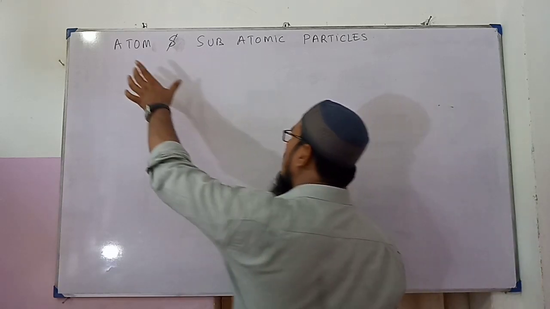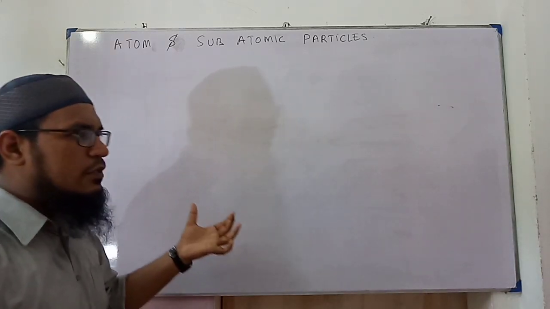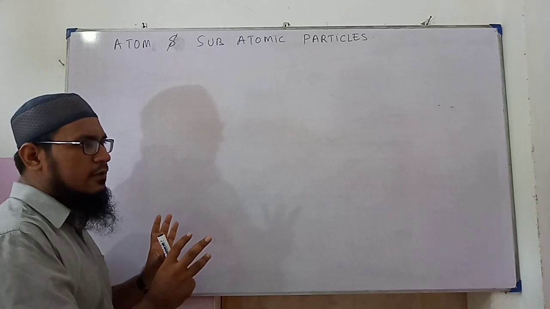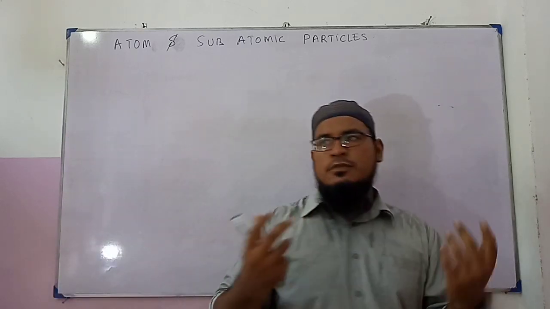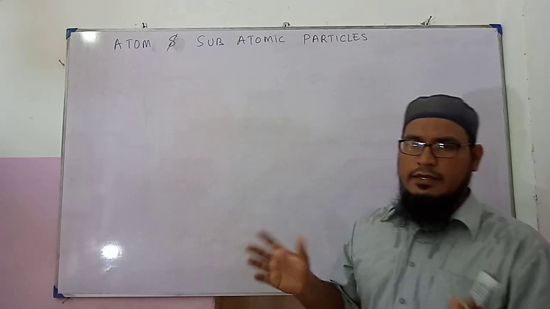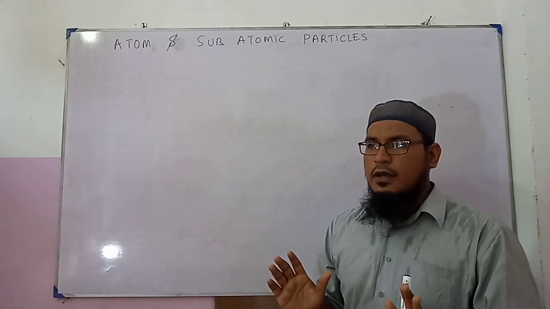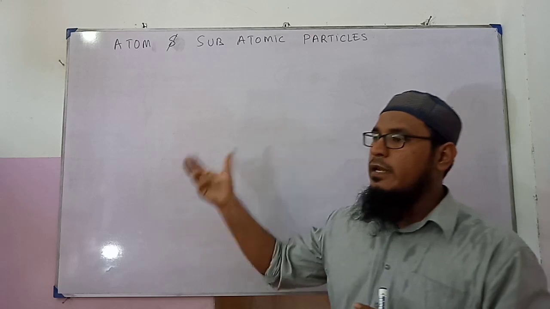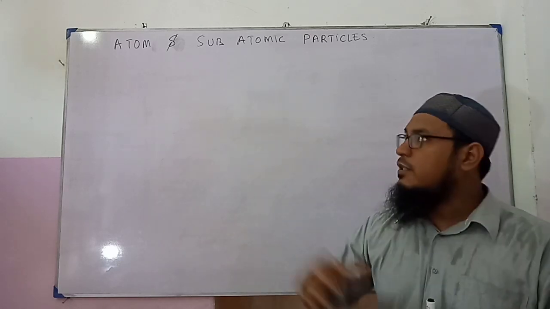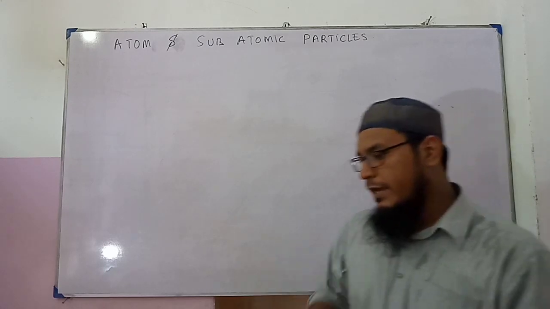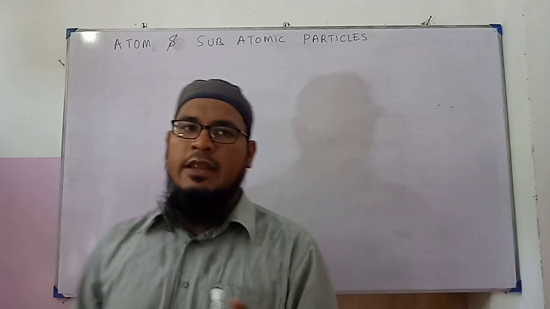According to Dalton, atom is one of the basic things. Atoms cannot be created, cannot be destroyed, atoms cannot be divided, something like that. He came to that extent. But what he said made the other scientists want to do more research on the topic of atom. So later on, these are the main scientists.